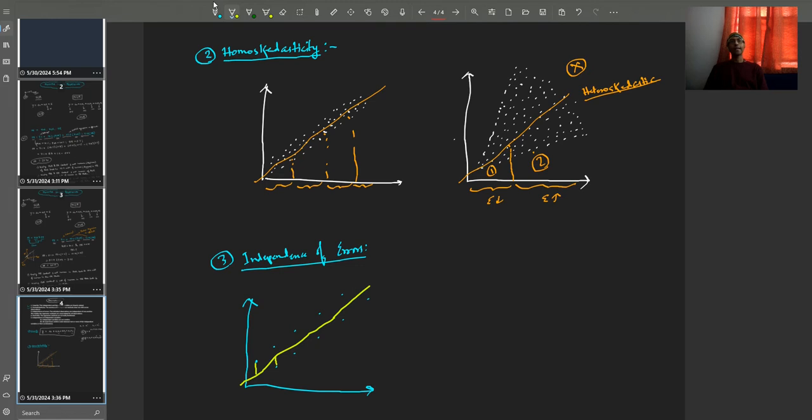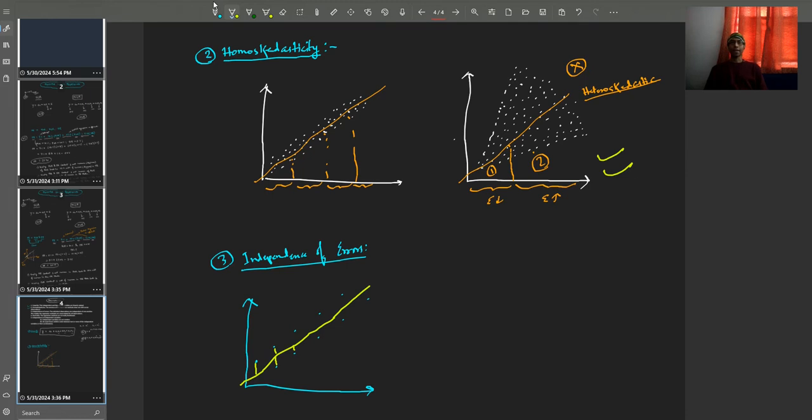And if the second error is negative, the third one will be positive. If the third one is positive, the fourth one is negative. So this is a relationship being established between errors. The first error is basically deciding what the next error is going to be. The second error is basically deciding what the third error is going to be. So this means the errors are not independent of each other. They are not random. They are basically correlated with each other. So this is what we mean by independence of errors.